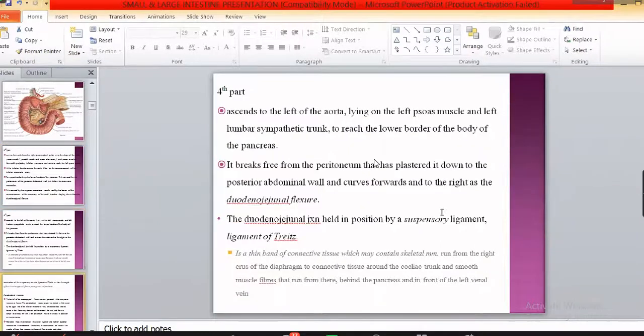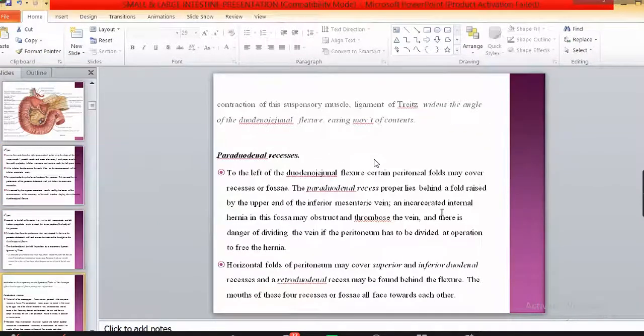Now, most importantly, we can have duodenal recesses. These are spaces which can be found, the paraduodenal space, to the left of the duodenojejunal flexure. Peritoneum.